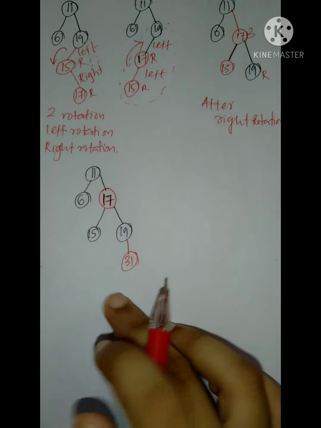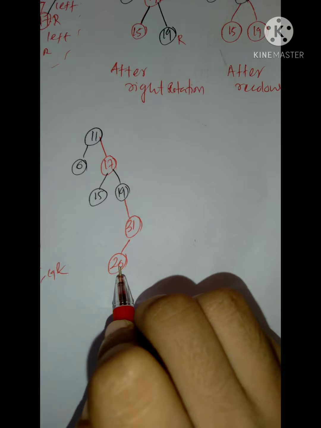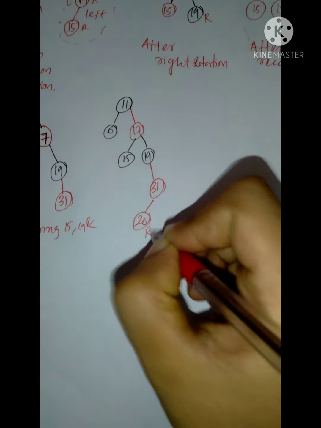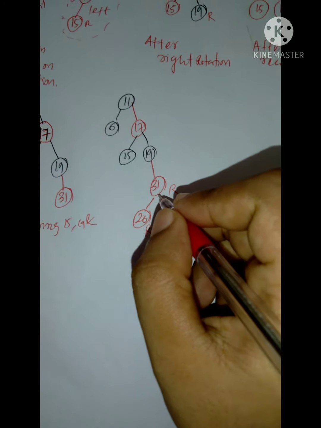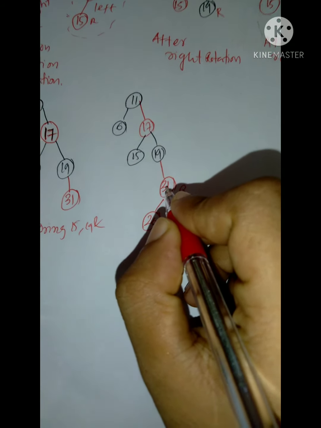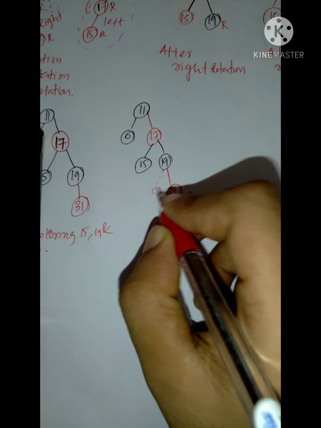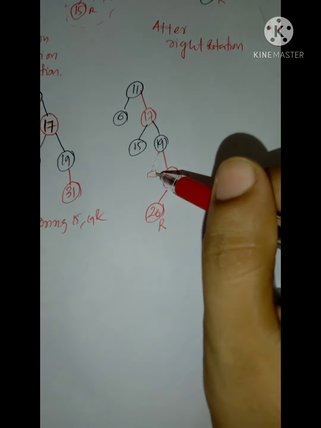Clear? See here, 31 and 26 are of the same color. 26 is red, 31 is red. So here is an RR conflict, so we want to apply the rule. When checking the parent's sibling, yes, here the parent's sibling is null or black. Then we want to take a suitable rotation.